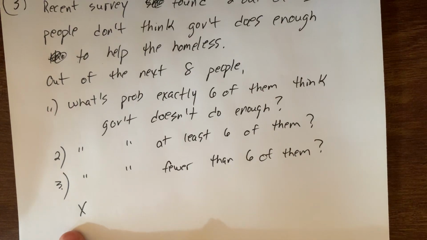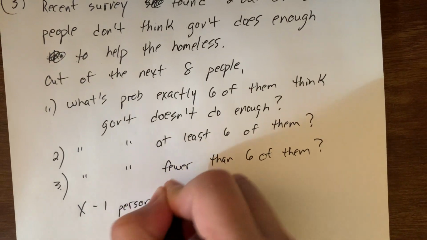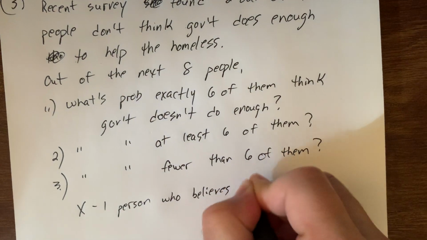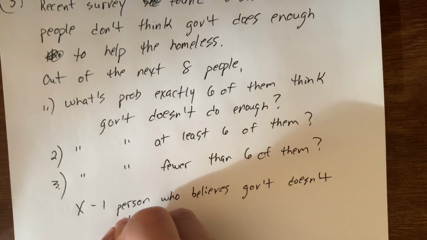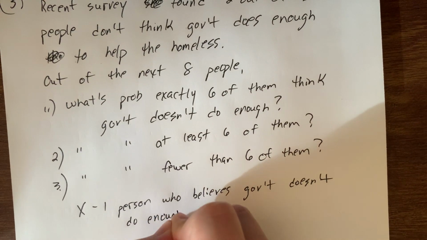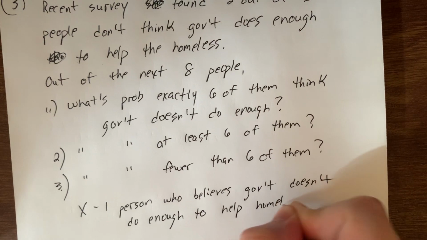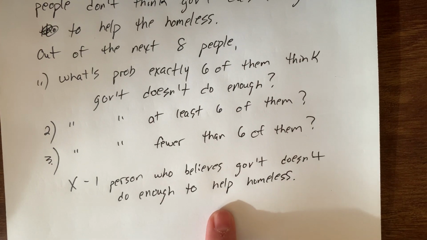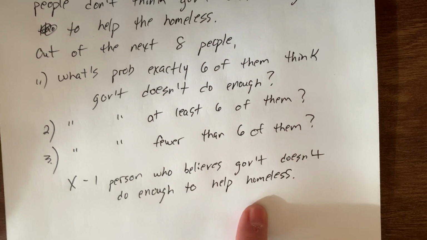So I will define one success as one person who believes the government doesn't do enough. That is what I'm defining as a success. Finding a person who believes the government doesn't do enough.